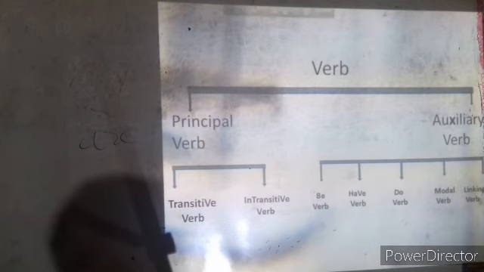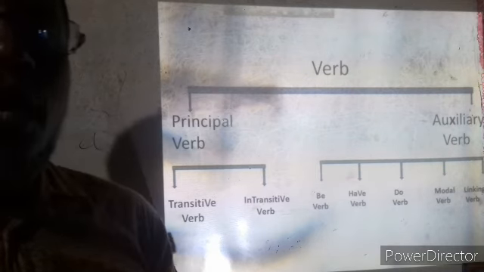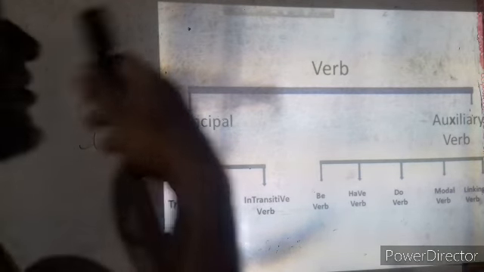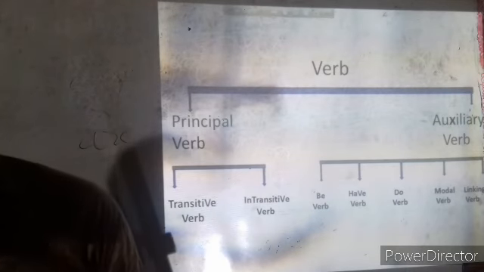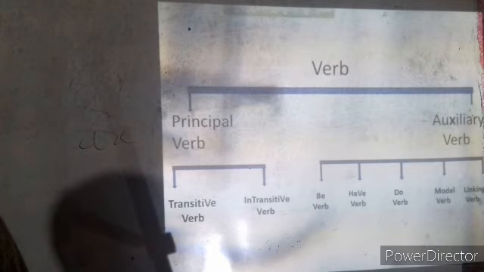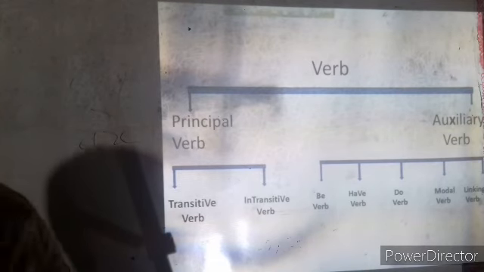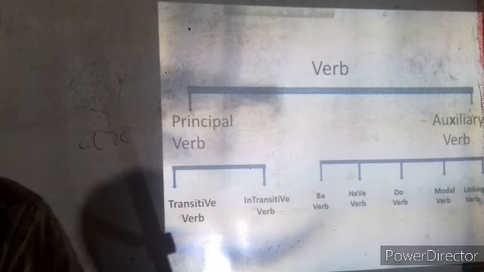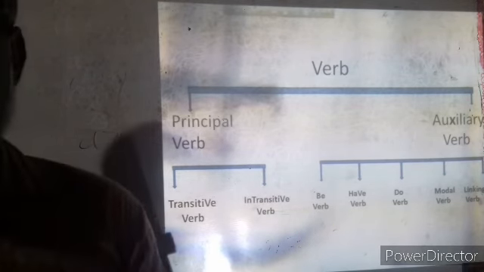And when any kind of helping verb, be verb or have verb, is used as principal verb or main verb, then it will be called linking verb. So linking verb is not another kind of verb, it is one kind of auxiliary verb. So in some grammar books, linking verb will not be included.